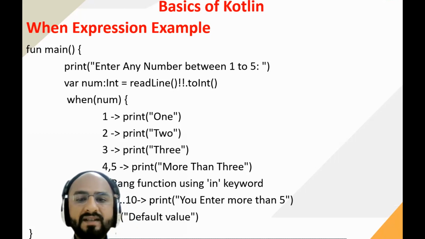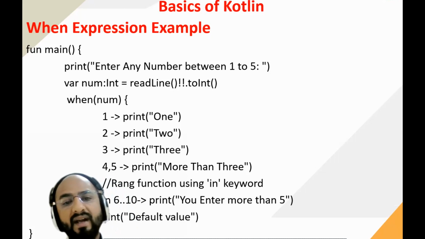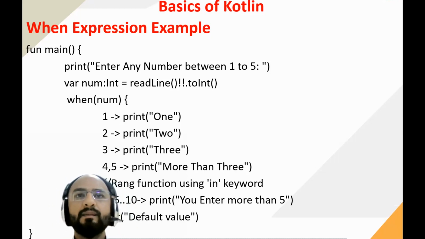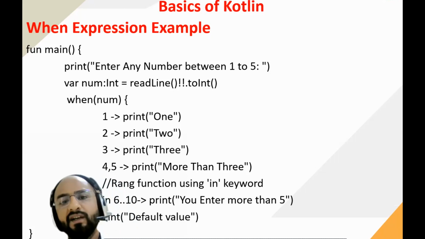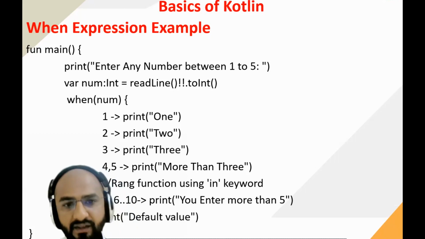In the previous program, we converted this data into a double, and in this program, I have converted the entered data into an integer value. toInt is the method that will convert your string into an integer. So number is a variable that will hold the number entered by the user.